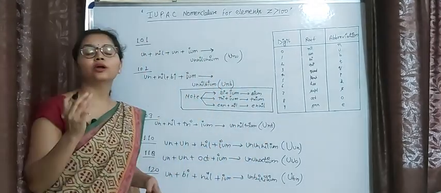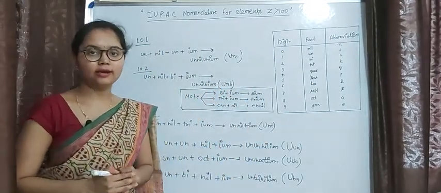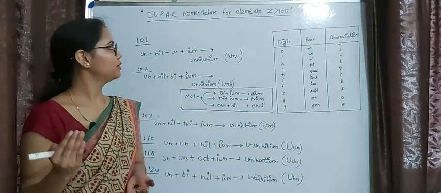So this is how you can write the IUPAC name for an element having atomic number greater than 100.